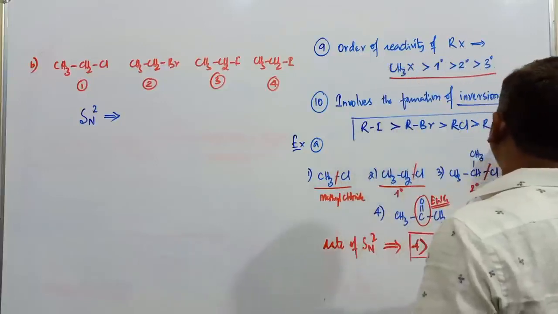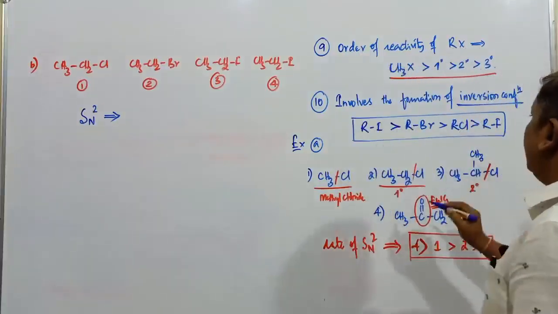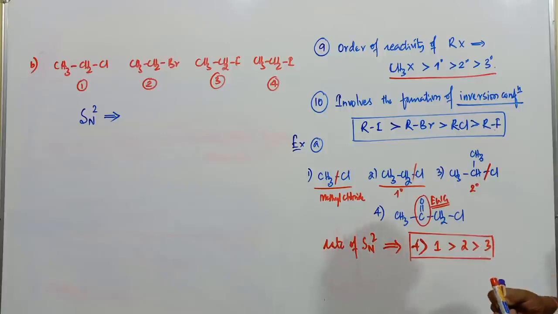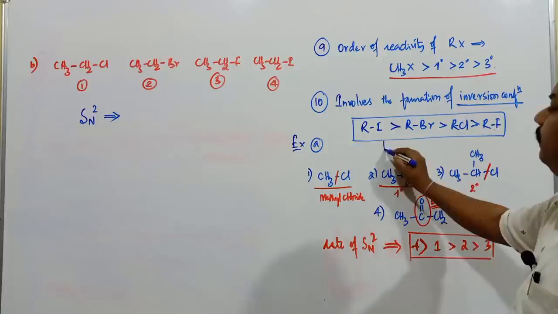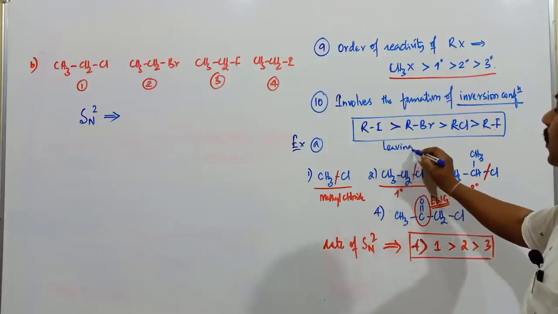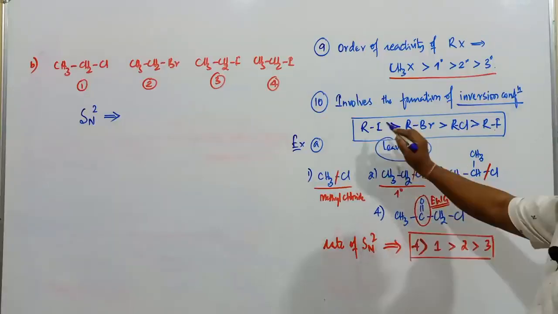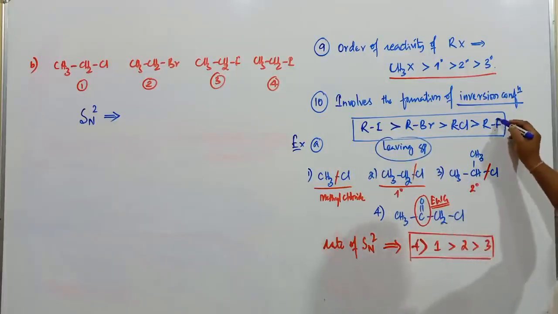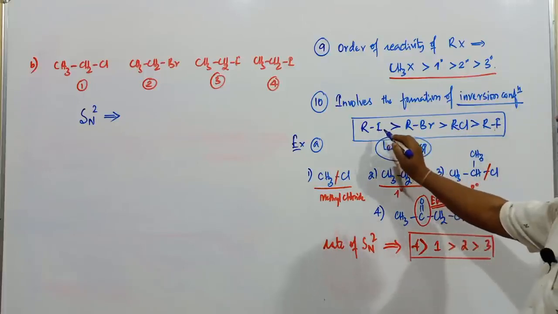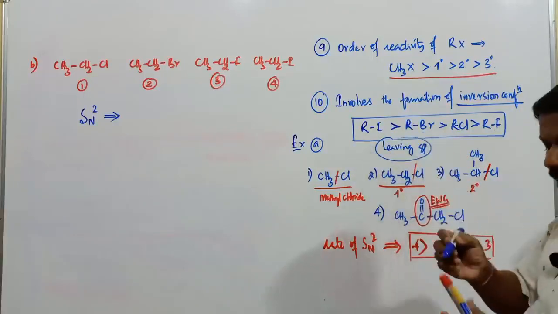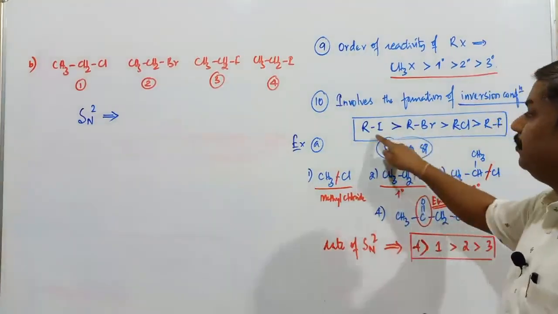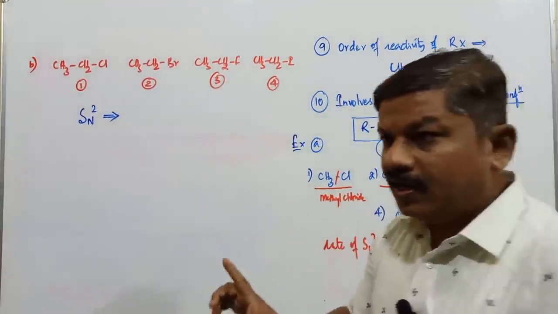Alkyl iodides have the greater rate, whereas alkyl fluorides have the lowest rate. It is mainly because of the better leaving group. Iodide is a better leaving group, fluoride is a poor leaving group. In presence of a better leaving group, hydrolysis takes place very easily. It is applicable both for SN1 and SN2 reactions.